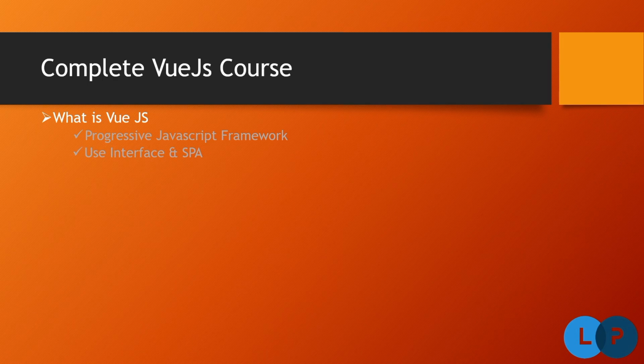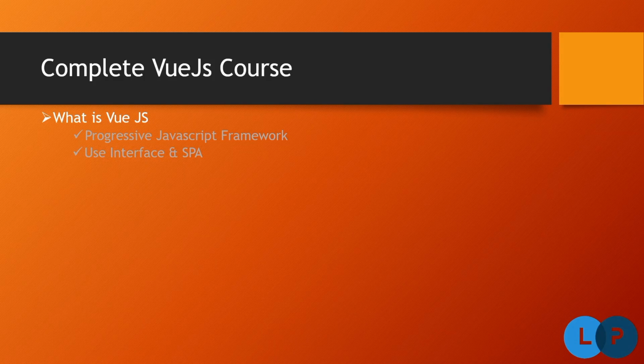Actually, with a progressive JavaScript framework, you can start with the core library and you can add your features as you need, such as routing, state management, testing. So what you want, you can do.